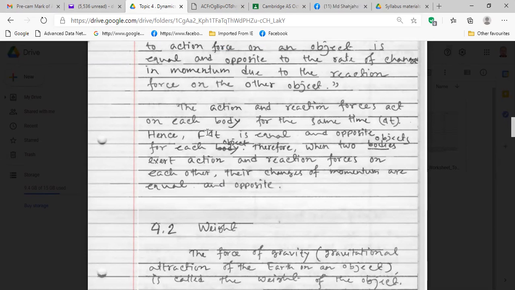Therefore, when two objects exert action and reaction forces on each other, their changes of momentum are equal and opposite. So this is a little discussion of the statement. With F delta t, they brought the discussion.